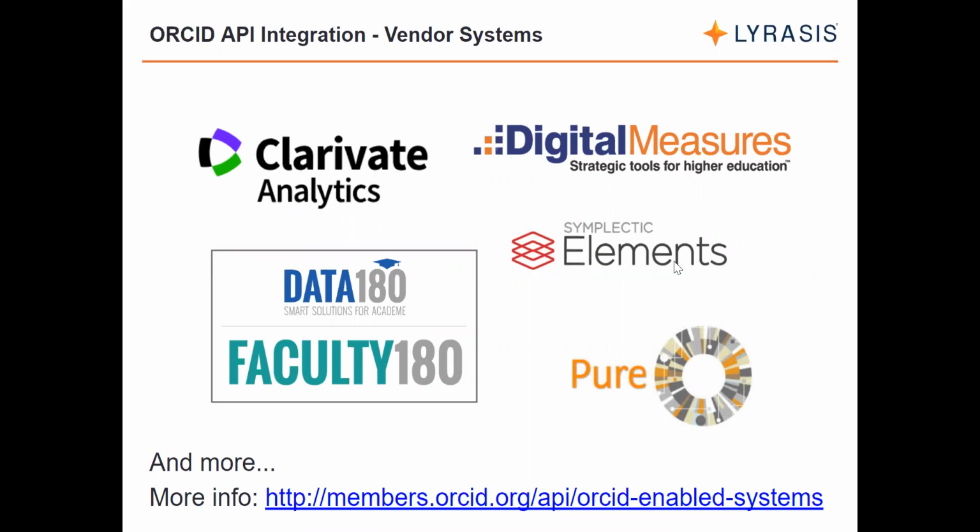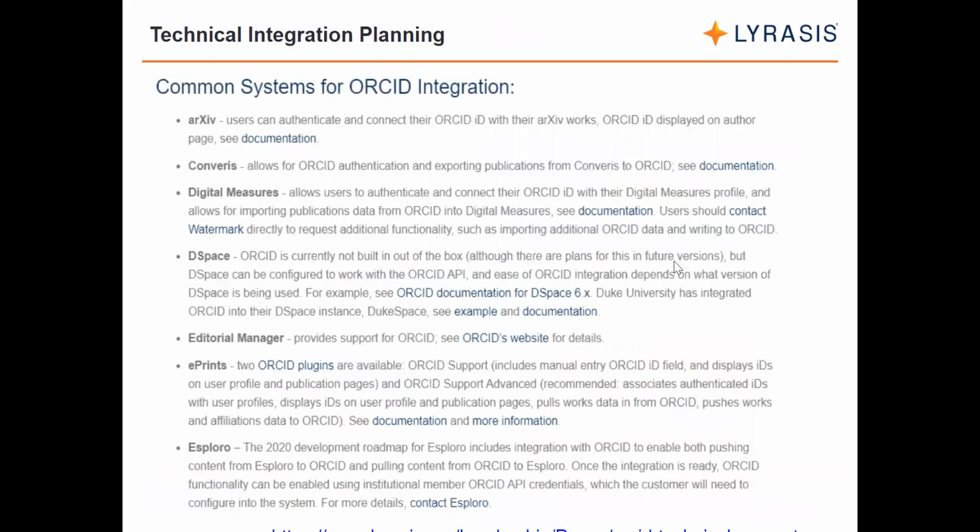If you're curious or unsure about the status of systems that you are using, the ORCID US Community website has a list of common systems with notes about what is needed to enable ORCID integration in each of these. And if a system that you are using is not listed on this site, or you have questions, just let me know and I can help you with your specific context.